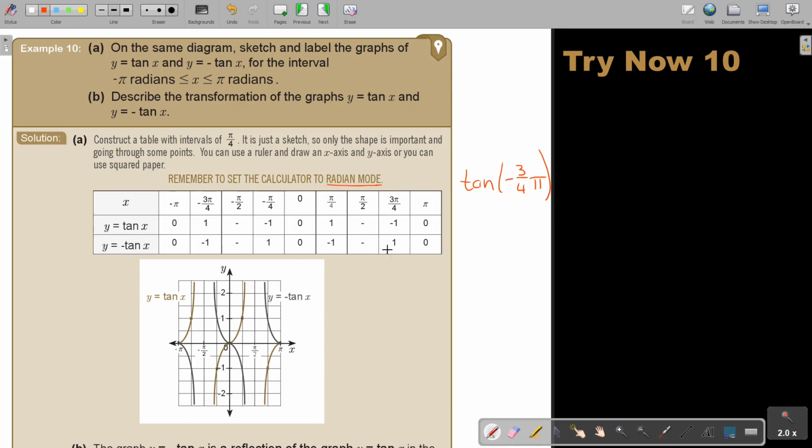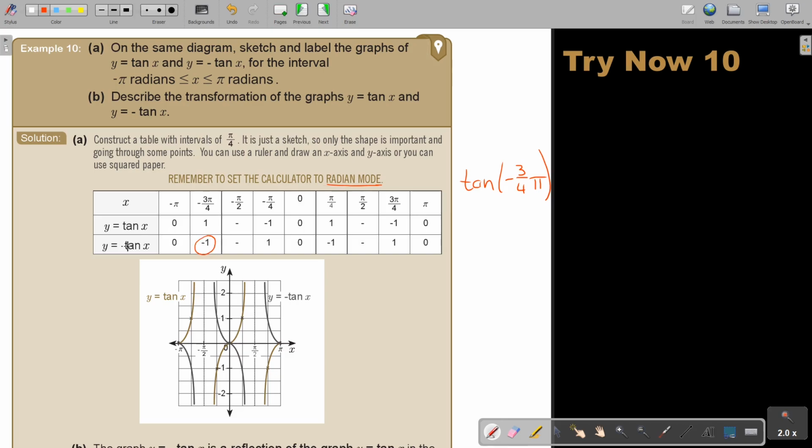You do it also with the negative in front. So in this case, for example, that 0 is just going to be 0. Let's try this one. So say negative tan and then bracket negative 0.75 multiply shift pi, close the bracket, equals, and it's negative.